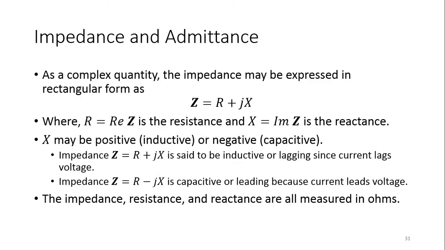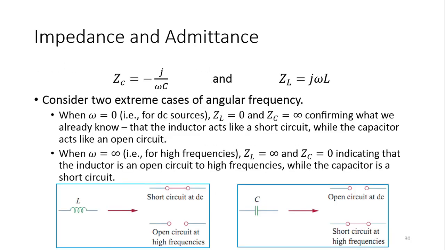Because this impedance is a complex quantity, we often have in circuits a combination of capacitors, inductors, or resistors. Any combination, any 2 or 3 of these elements, can be present in a circuit, so often we have to deal with complex numbers. These quantities ZC and ZL are imaginary numbers.